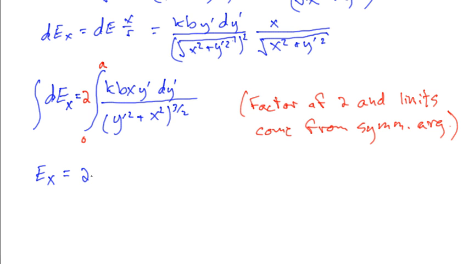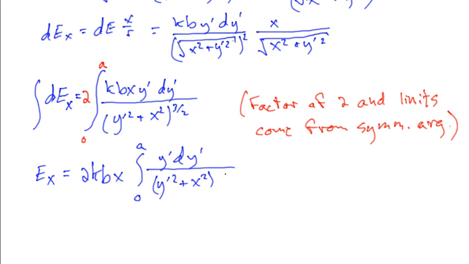Call this 2k b x times the integral from 0 to a of y prime dy prime all over y prime squared plus x squared, all to the 3/2.